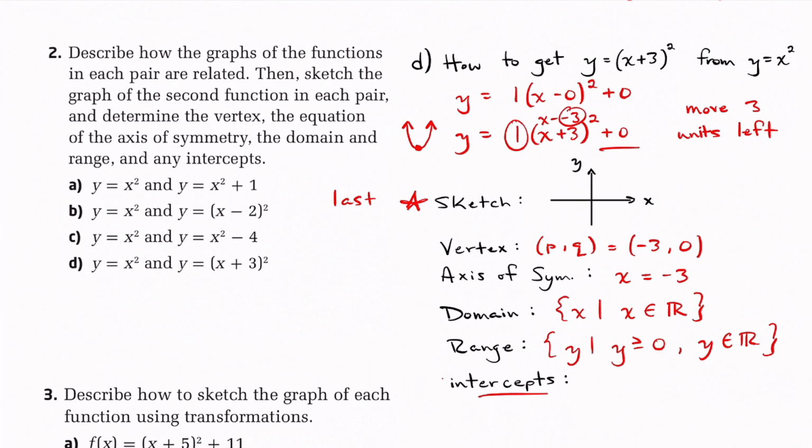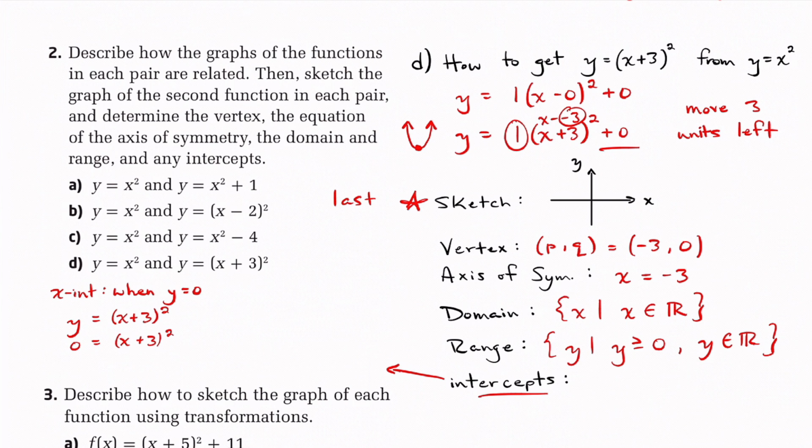For intercepts, I'm just going to do that over on the side here. So if we wanted to find our x-intercept, that is when y is equal to 0. So I'm going to plug in y equal to 0. So we started with this. And now y changes to 0. Okay, and then we want to solve this.